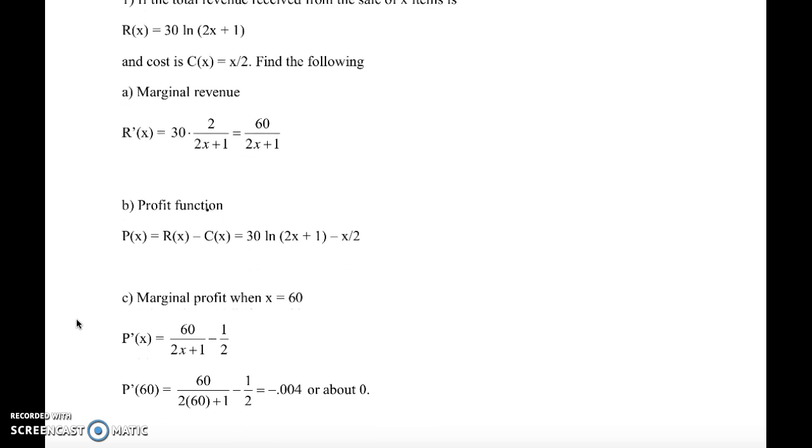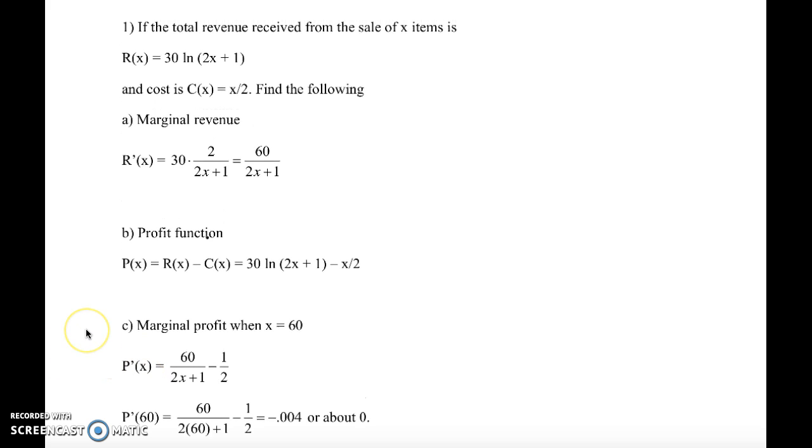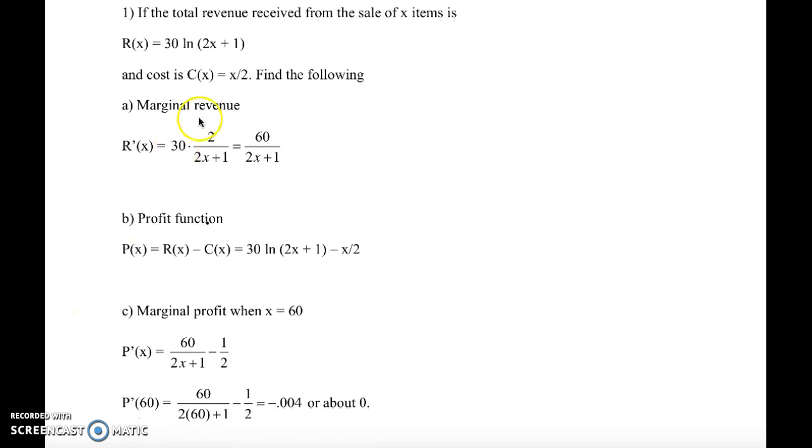If we want to find the marginal profit when x is equal to 60, our marginal profit, again, is the derivative of our profit function. And our profit function is 30 ln of 2x plus 1 minus x divided by 2.